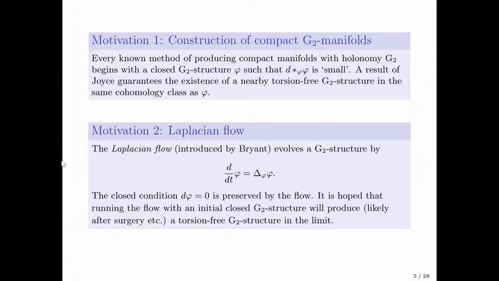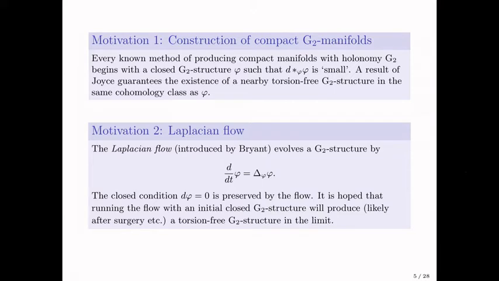It's hoped that if you start with an initial closed G2 structure and run the flow, it's almost certain to have singularities, but maybe after some surgery or other operations, you might be able to produce a torsion-free G2 structure in the limit within the same cohomology class. The reason this is hoped is because of Joyce's result. So this Laplacian flow would give a parabolic approach to this problem.